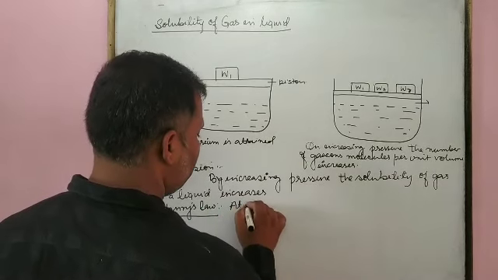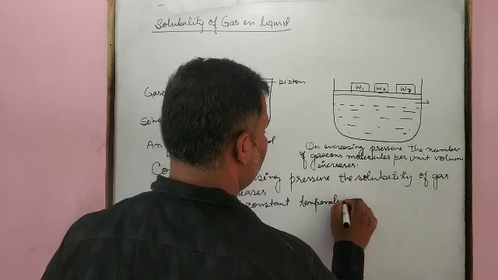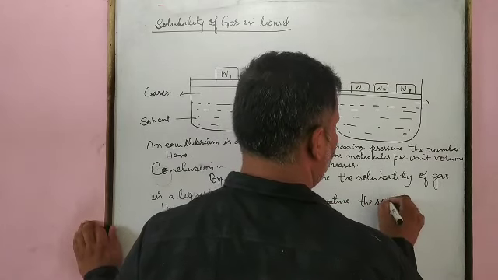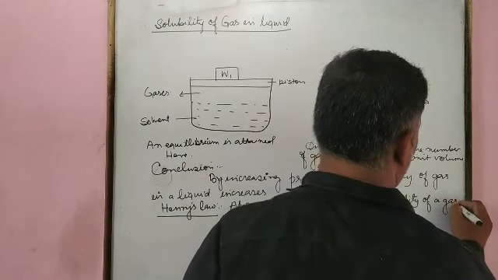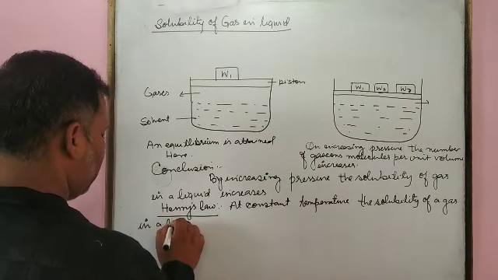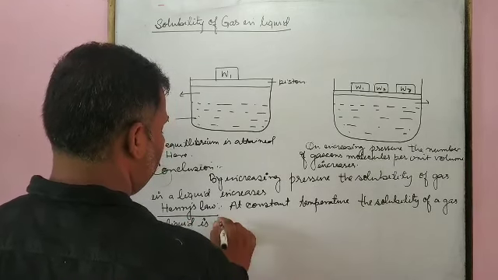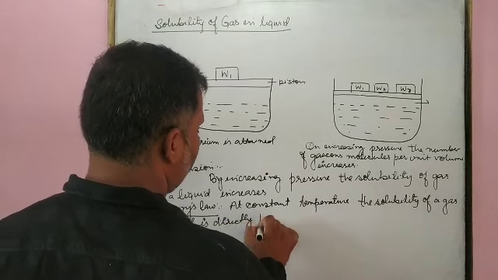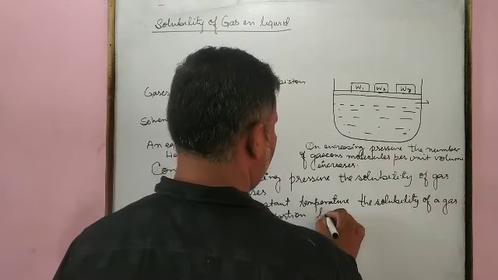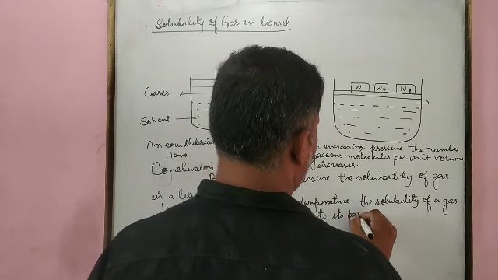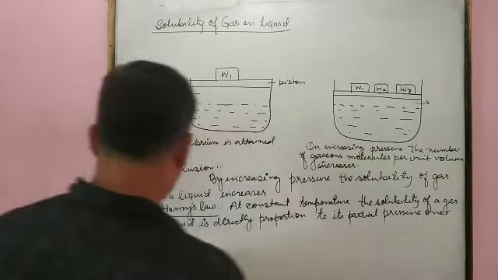At constant temperature, the solubility of a gas in a liquid is directly proportional to its partial pressure over the solution.